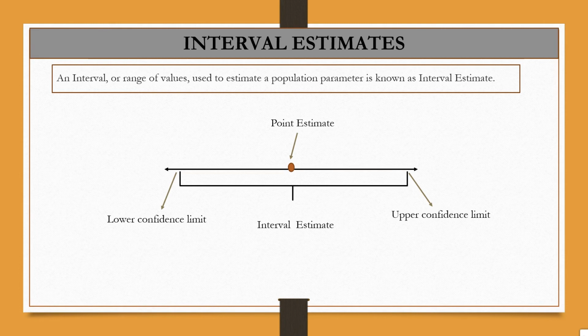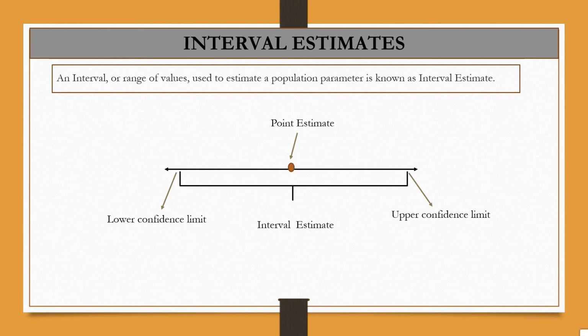If you are still confused about interval estimation, let me give you a small example. If I say I will take 30 minutes to reach the theatre, this is known as point estimation. But if I say I will take between 45 minutes to an hour to reach the theatre, this is an example of interval estimation.